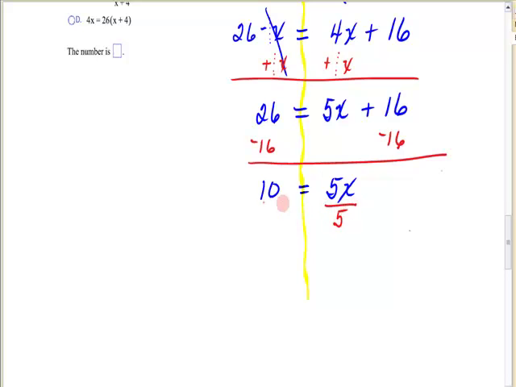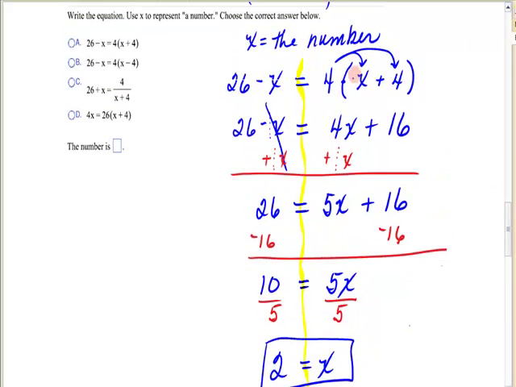So I'll divide by 5, divide by 5, and I get that 2 is x. You could not possibly get the right answer if you neglected the parentheses. So you would have chosen this one first, and thank goodness MathLab would then give you some feedback. If that was wrong, it would not let you go on to solve the wrong equation.